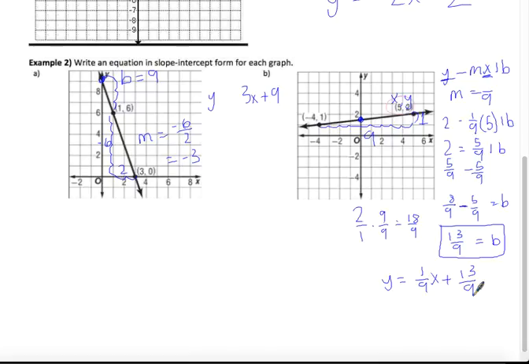So these two are perfect examples of why sometimes you can just use the eyeballing method and figure out exactly where the y-intercept is. But other times you really do need to solve algebraically, especially if you see slopes with a denominator of like 9 or 7, then it'll be really hard to just guess exactly where that y-intercept is.